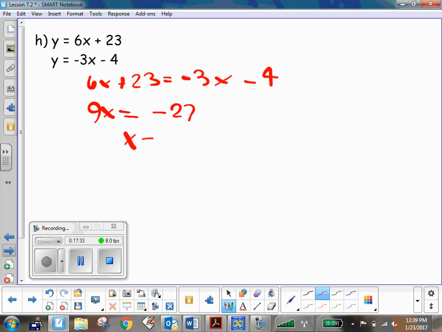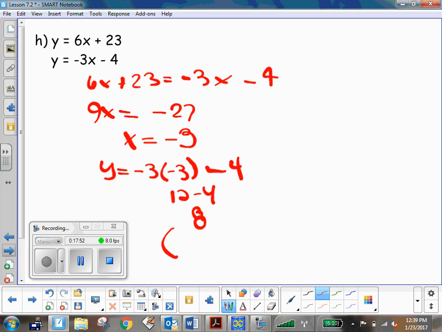So x is equal to -3. Doesn't matter which equation you substitute into to solve for y. Y will equal -3 times -3 minus 4. 12 minus 4, 8. So -3, 8 would be your ordered pair.